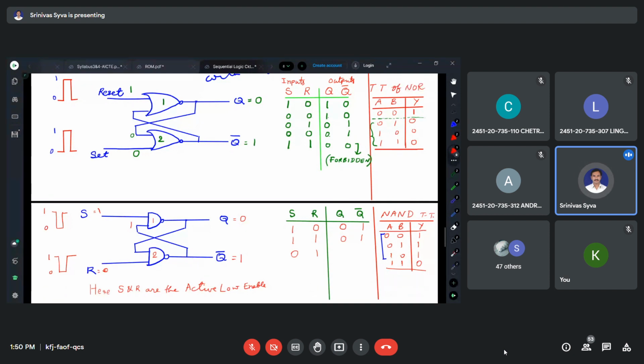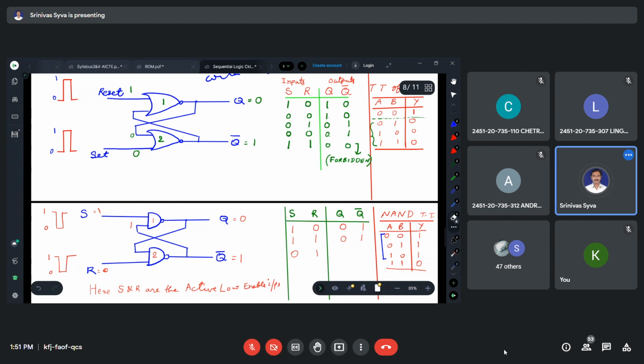That is S active. This is an active low enable input. I told you S and R are the active low enable inputs. So here S is made 0, R is 1. Let us check this one.